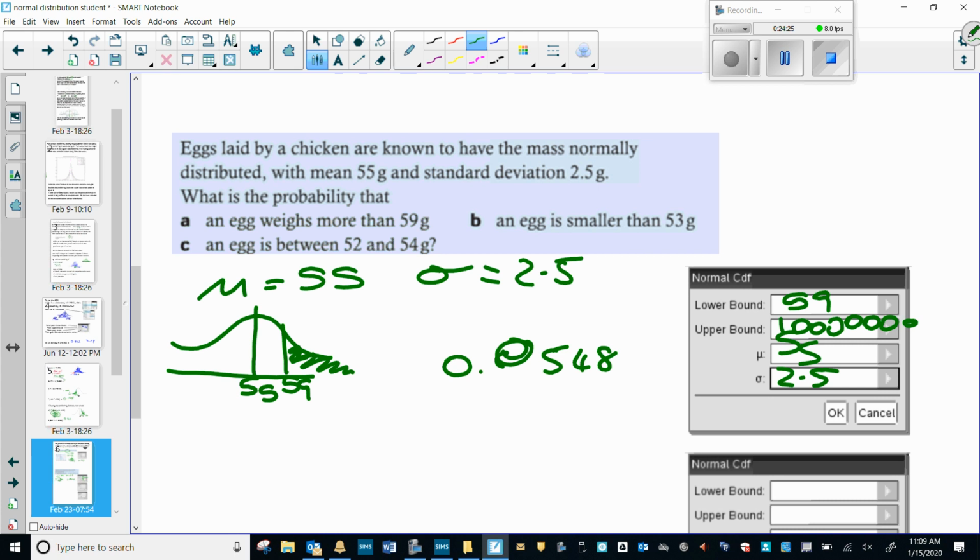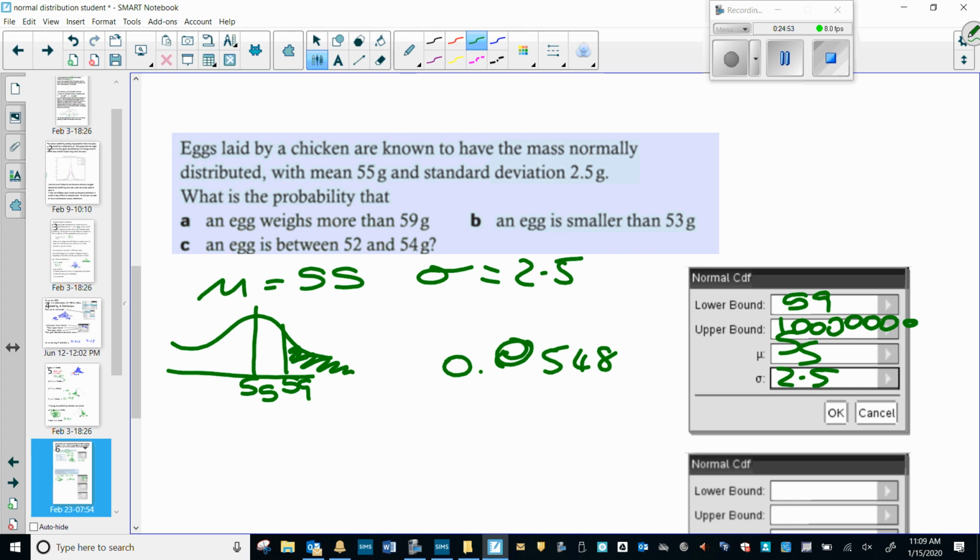The reason I say chuck as big a number as you can in there is that as our values are getting bigger, we need to be careful not to use a small number. If you use just 80 as your upper bound, that's not going to be big enough, because we need to imagine that it's way, way, way over here. So just be careful the values that you're putting in.